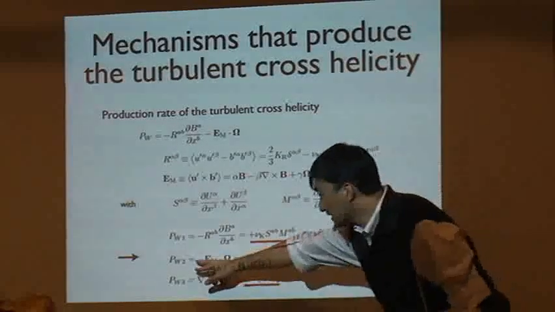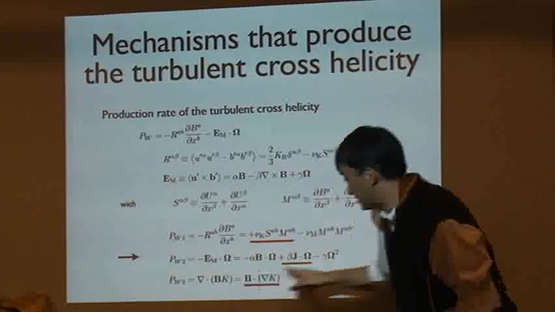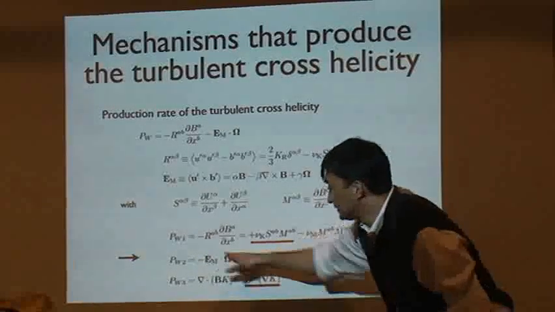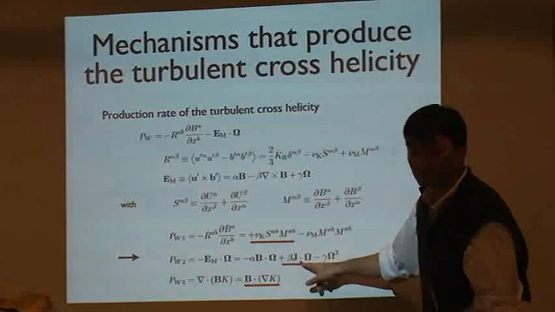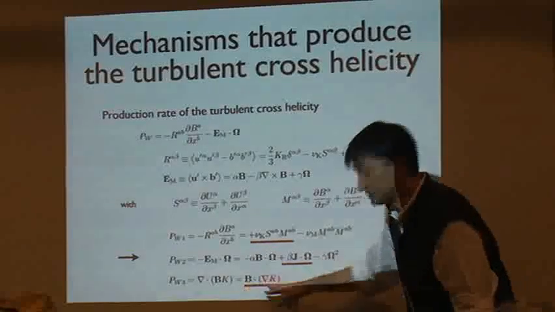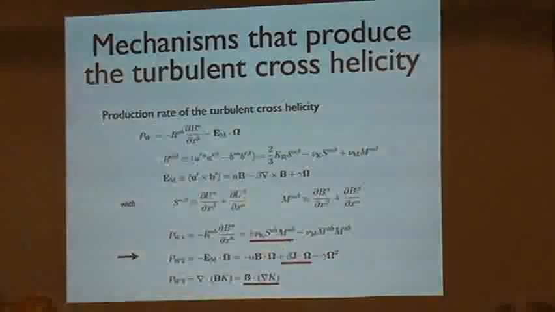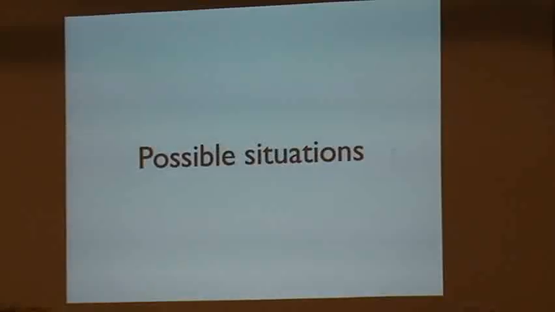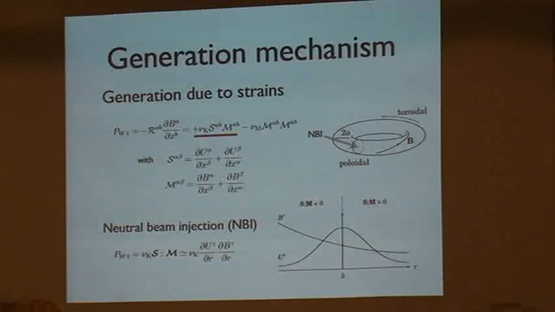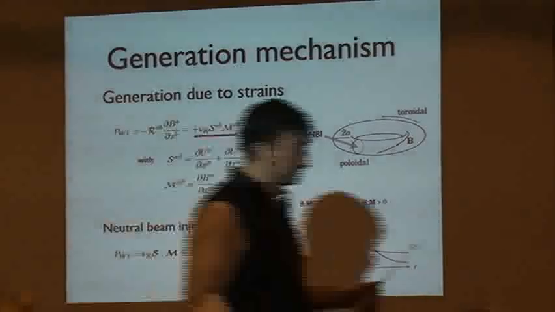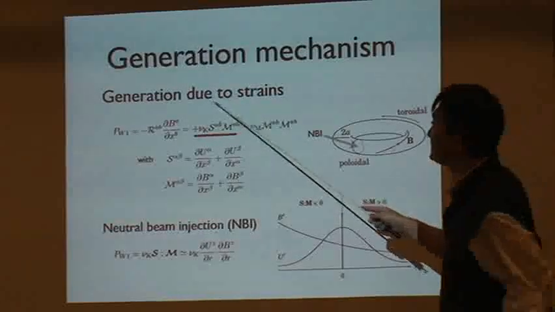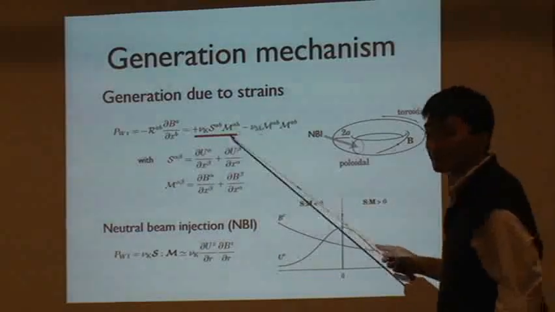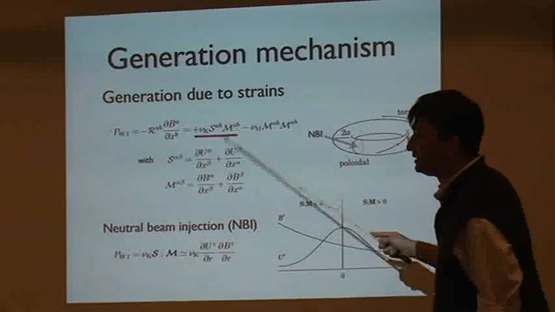So the second point is that, as I wrote, this term is very important. The third one is this one. So I consider some possible situations that make cross-density generation. One is the generation due to strains, mean field strains. That one is like this.